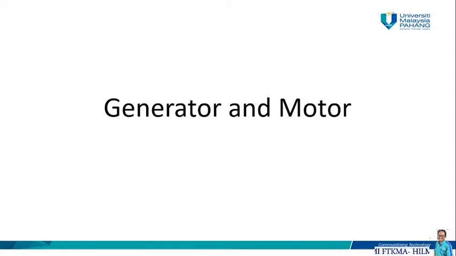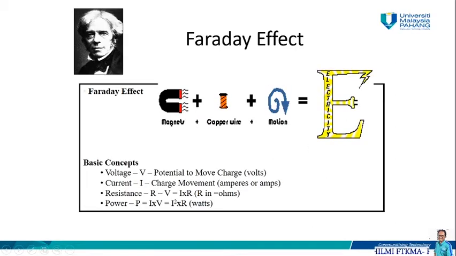In effect, the devices we commonly refer to as electromechanical should more properly be called electromagnetomechanical, since they almost invariably operate through a conversion from electrical to mechanical energy, or vice versa, by means of the magnetic field. So the Faraday effect states that magnets plus a copper wire plus motion produce electricity.